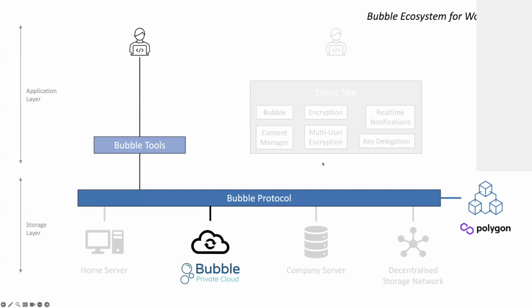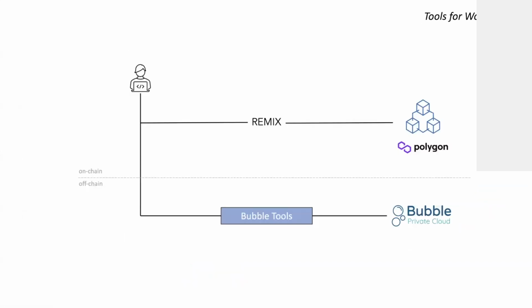Going into workshop 2, we'll then introduce the client SDK and work through that. So the tools we're going to use today, we're going to use Remix to develop our smart contract and to deploy it to the Polygon chain. And we're going to use the Bubble tools. We're going to install and use the Bubble tools library to actually create the off-chain bubble and play around with the data.